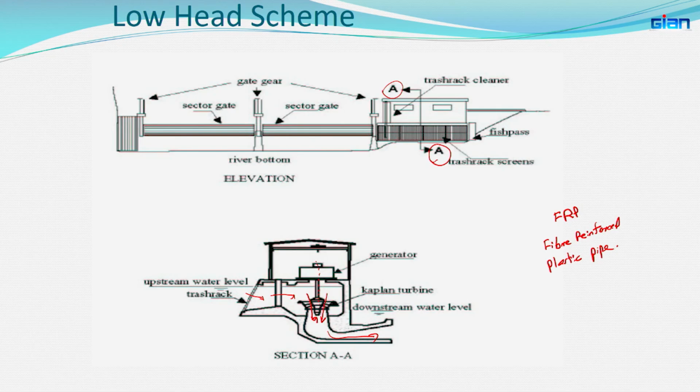You do not have a kilometers long canal, maybe a 20-30 meter long penstock, because the head is small now. You do not need long penstocks naturally, but the diameter will be large. I will show you some when we discuss penstocks. We will see how some of these FRP pipes are used in low head schemes. I will show you some photographs.